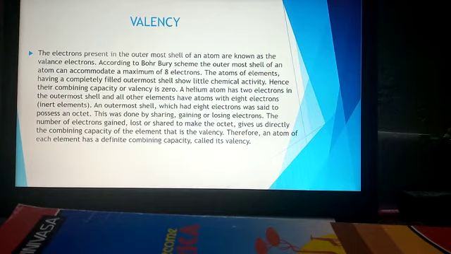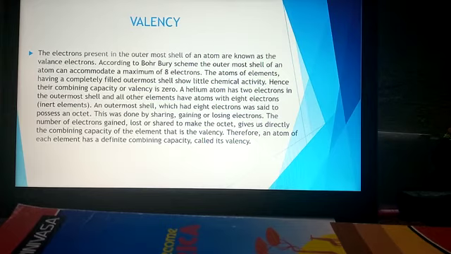So oxygen will gain 2 electrons to get the nearest inert gas configuration, that is neon. Since it is gaining electrons, you write the charge as negative, O2 minus. So the valency of oxygen is 2.